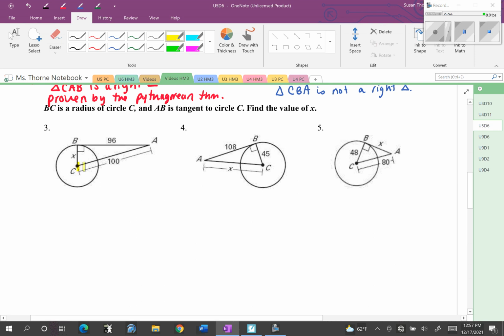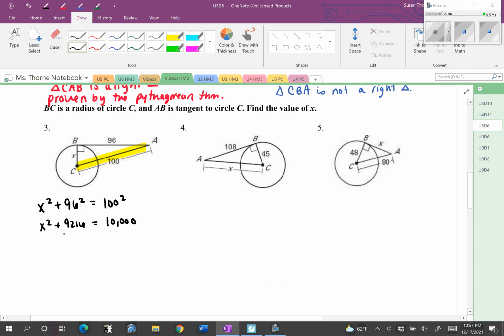So the hypotenuse, of course, is across from the right angle always. So we have x squared plus 96 squared equals 100 squared. So we get x squared plus 9,216 equals 10,000.